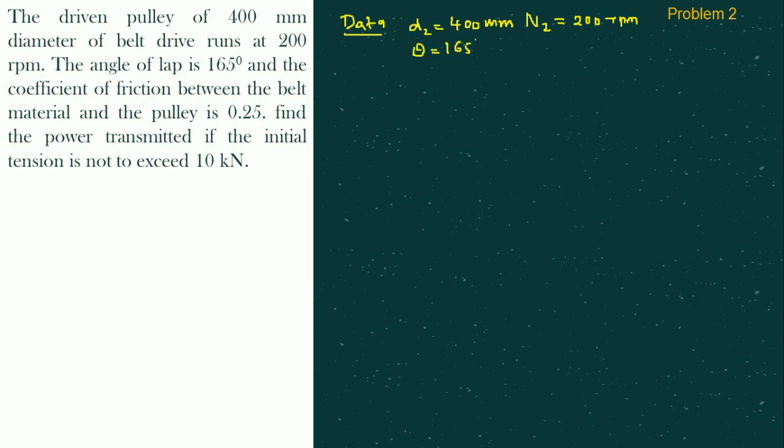And theta, the angle of contact, is 165 degrees. And the value of mu is given, that is 0.25. And the initial tension is given, that is T naught, which is equal to 10 kilonewton. So that is nothing but 10,000 newtons you can consider. Okay, you have to find out what power.